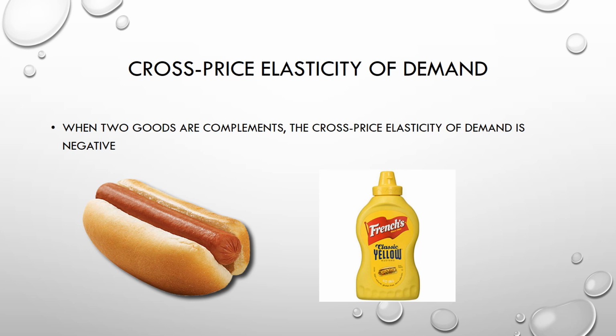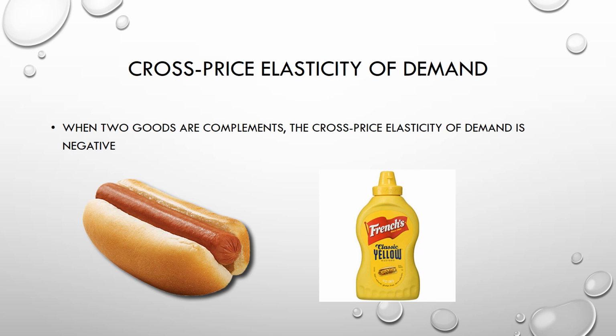All right, what if the goods go together? What if they're complementary? We have mustard and hot dogs, which go together. If the price of hot dogs increases, what do we expect to happen to the demand for mustard? We expect it to decrease. So we're going to have a negative number in our equation. Let's say that the price of hot dogs goes up 10%, and the demand for mustard decreases by 20%.